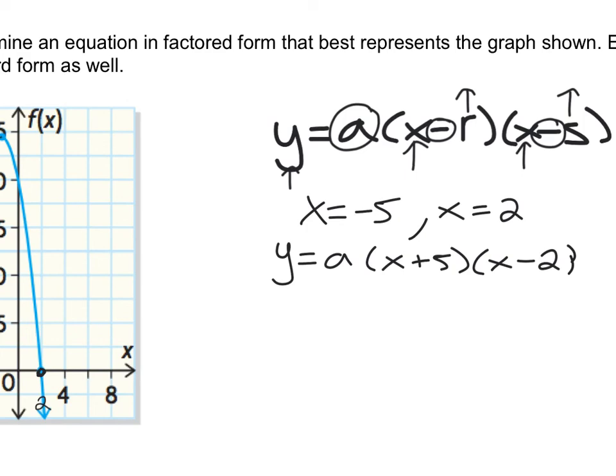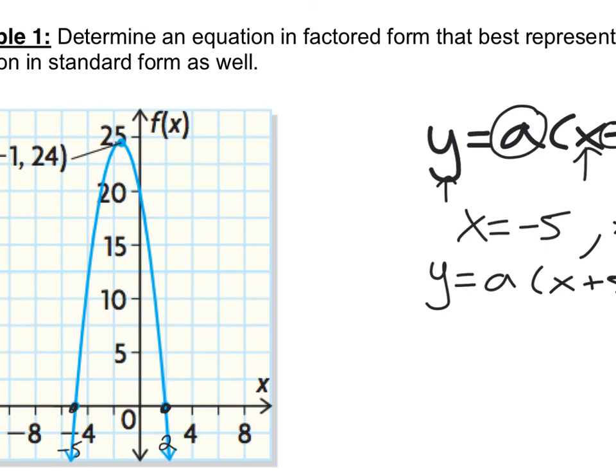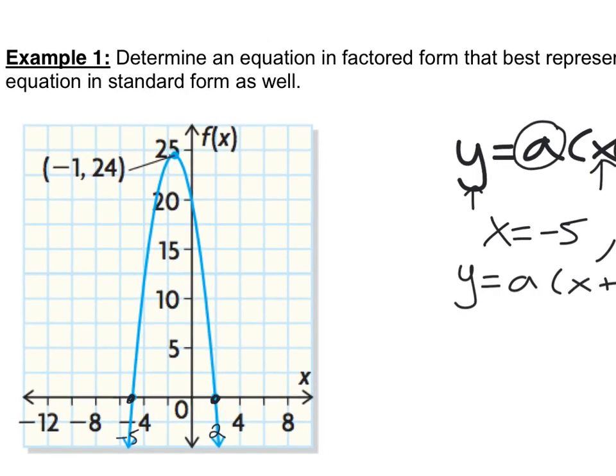The next thing that we can do is choose a point on my graph, either an x and y value for that point. Now, one of them is already given to me, which is pretty nice, right? I mean, it's the vertex. You can easily substitute that point in, and it will work, of course. But that's like the best case scenario.